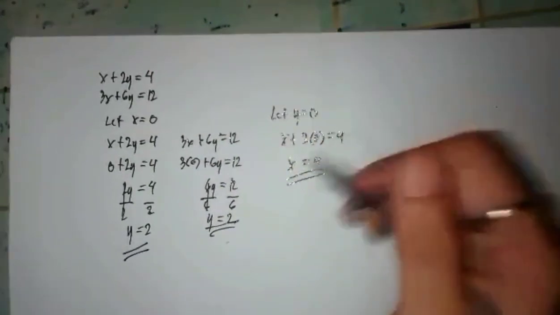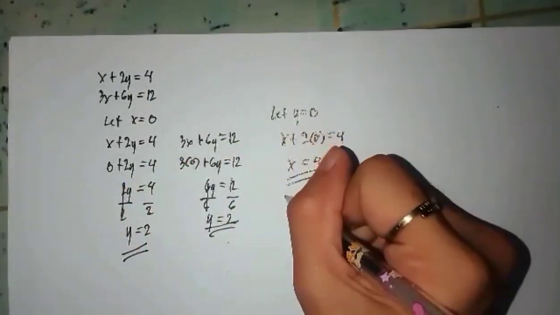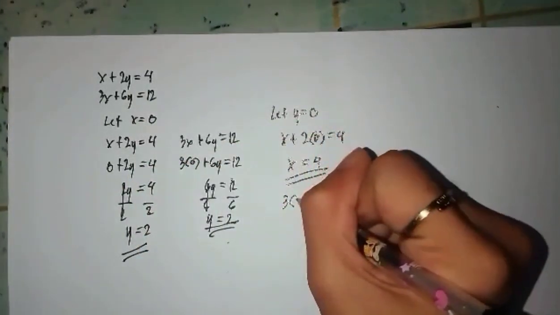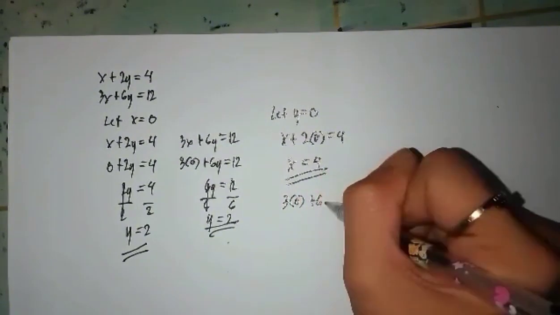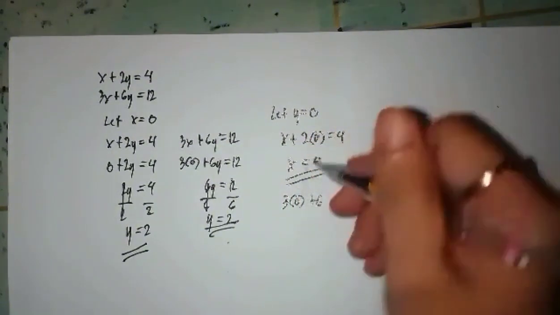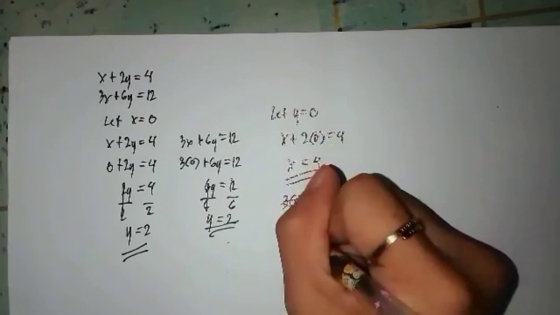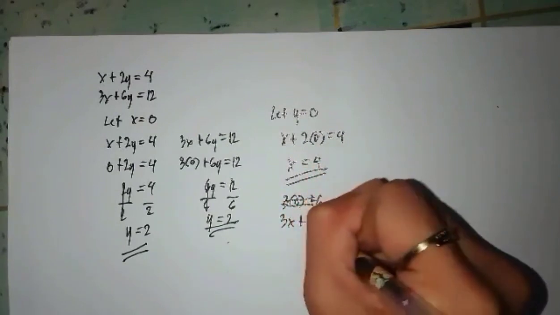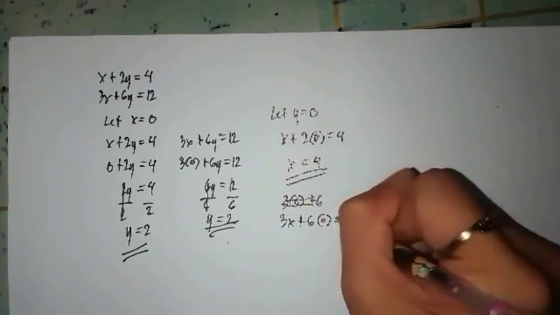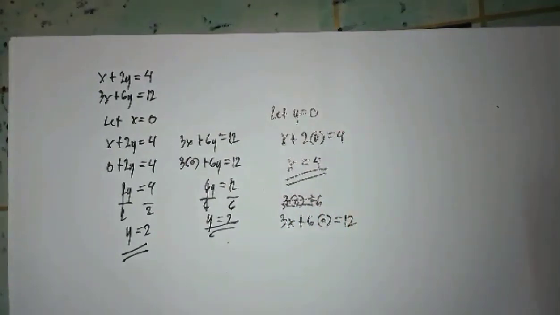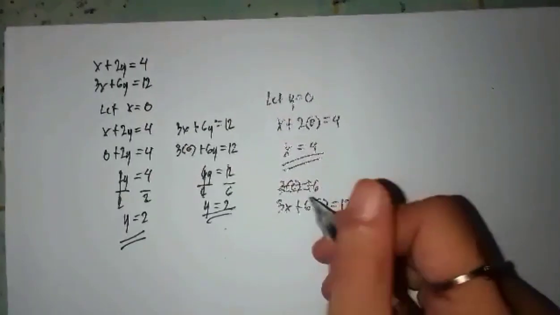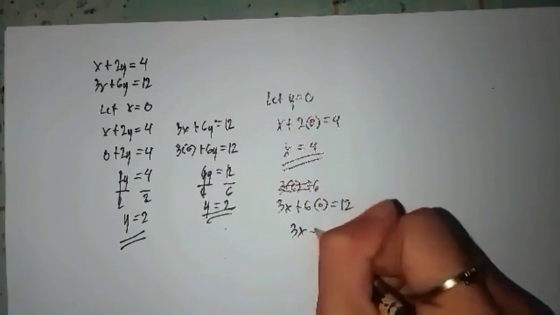So, sa second equation ta nga 3 times 0 plus, and this will be 3x plus 6 times 0 equals 12. So, automatic ang mahibilin diri is 3x equals 12.